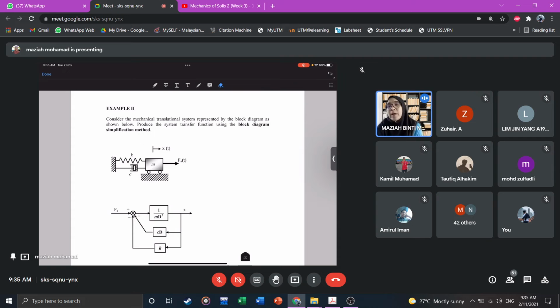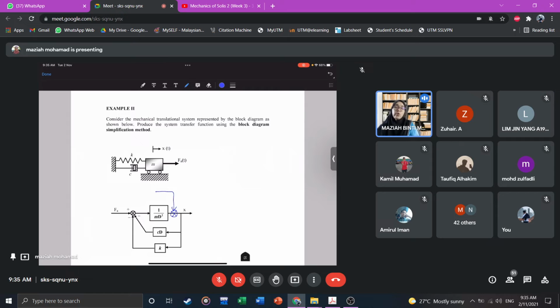Second, after you determine it's a feedback loop, you need to check, is there any summation point or pick off point that blocks us? Due to the summation point, we cannot simplify the feedback block. For example, maybe there is one summation point here. If that is the case, you cannot simplify using the feedback block.